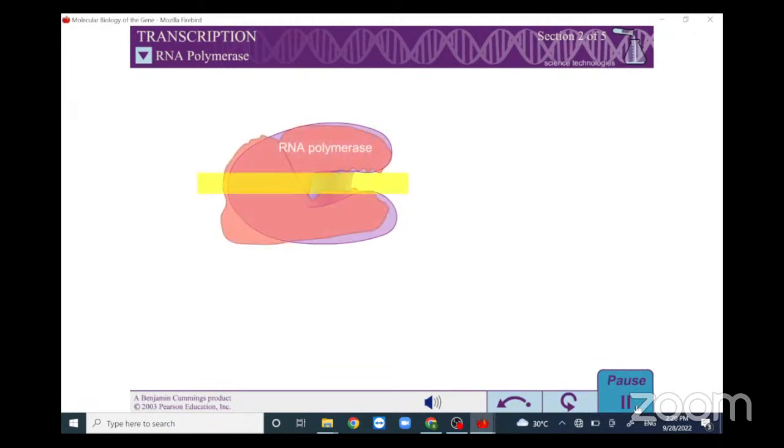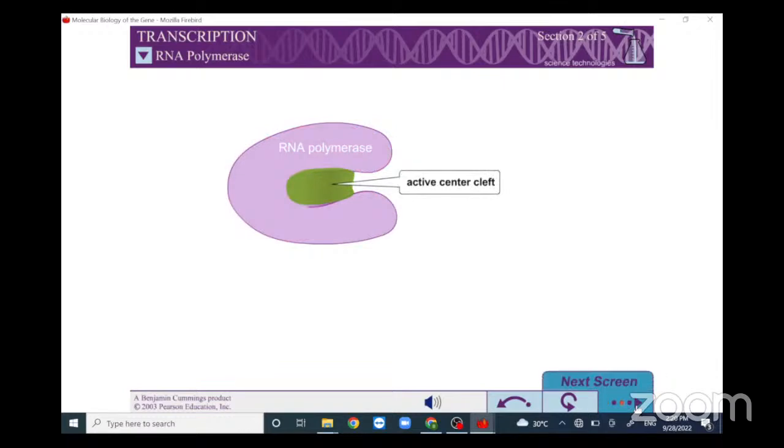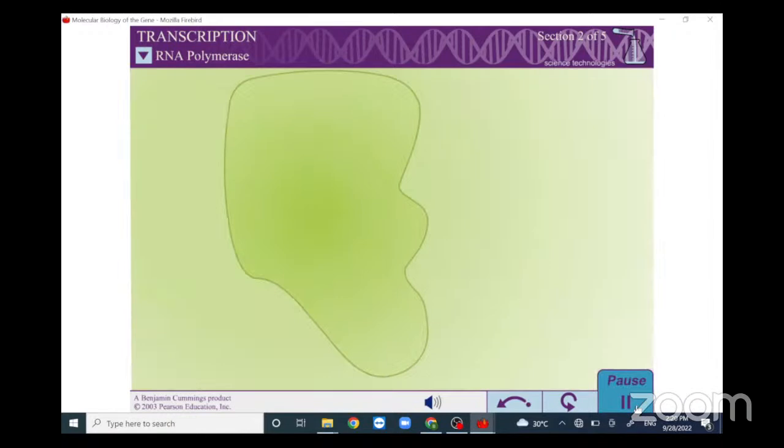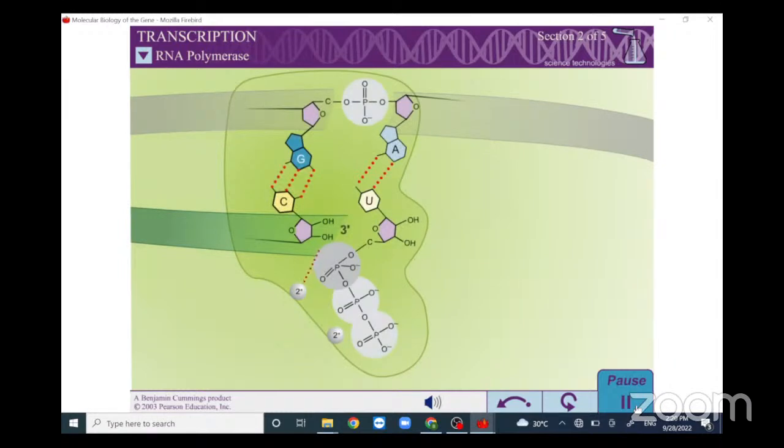It is going to attach to a particular area in your DNA. That area is called the promoter site, the site at which your RNA polymerase binds to your DNA and initiates transcription.